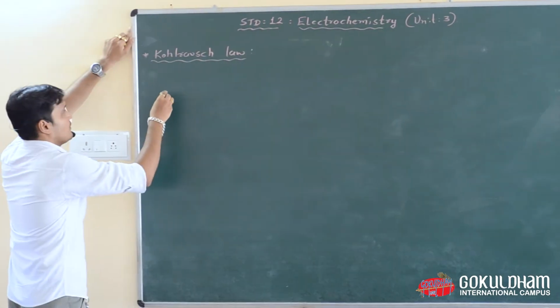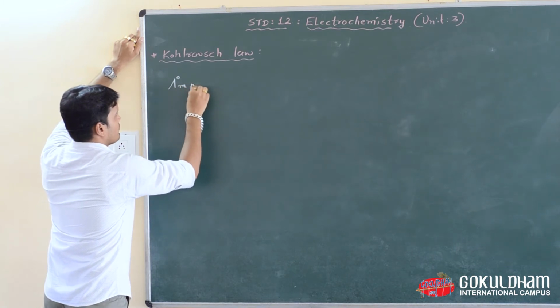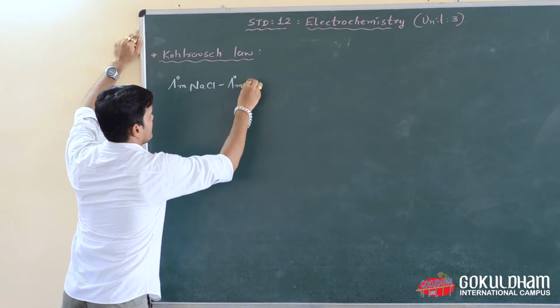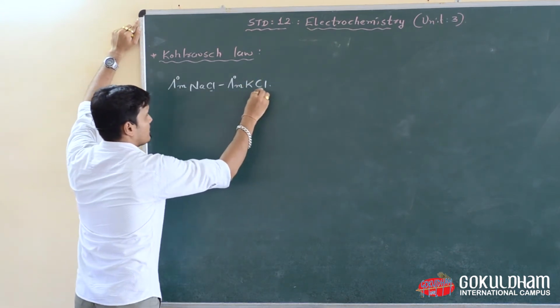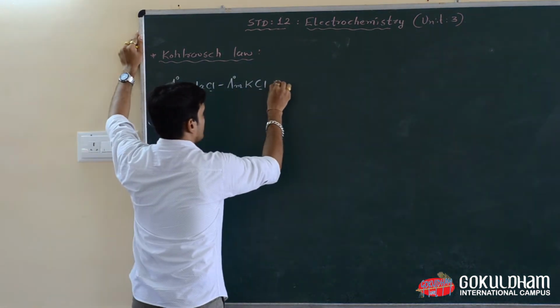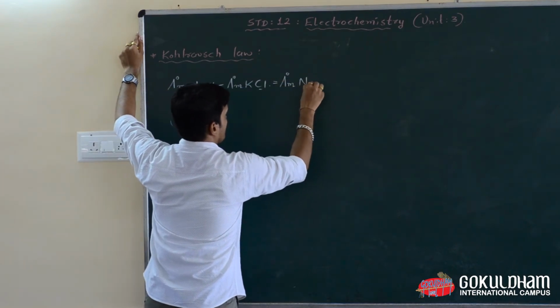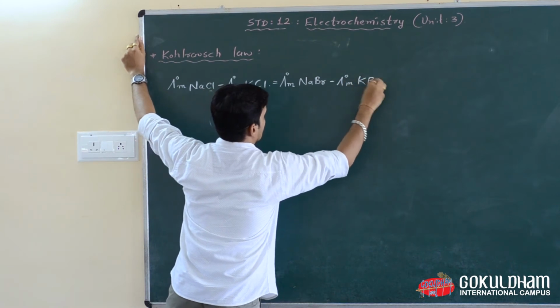In Kohlrausch's law, he saw that for the mixture of NaCl and KCl, where the negative ion is common, the difference is equal to lambda 0 m NaBr minus lambda 0 m KBr.